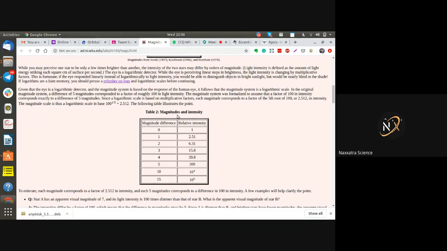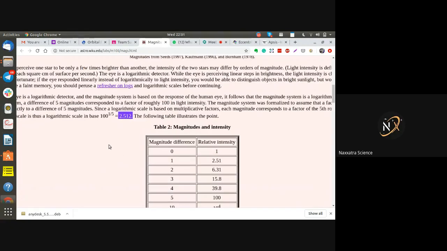That makes sense. Now, if for 5 steps it is 100 times difference, then for 1 step it is 100 to the power of 1 by 5. It's multiplicative, so you have to do 1 by 5. So for that single step, your brightness decreases by a factor of 2.512.